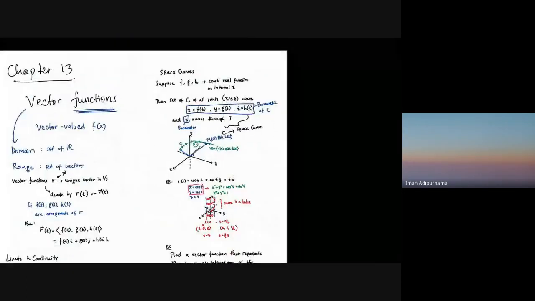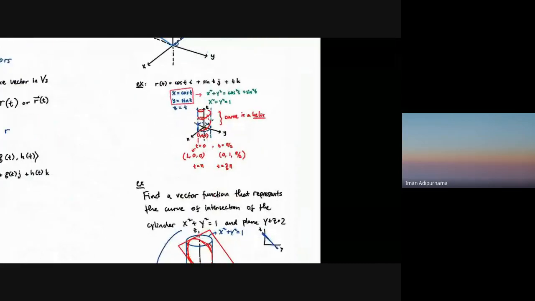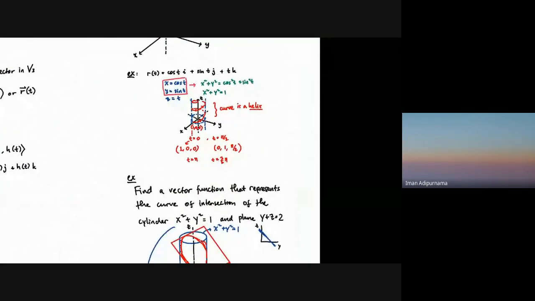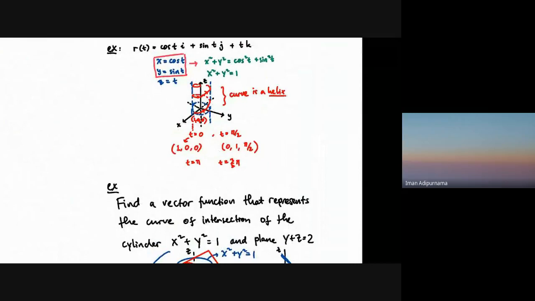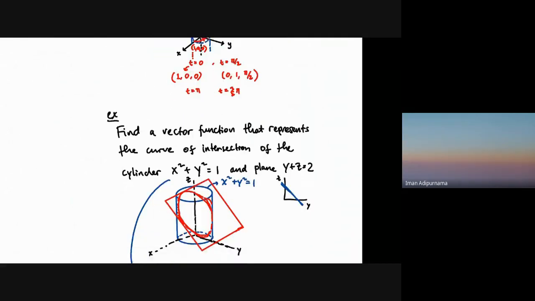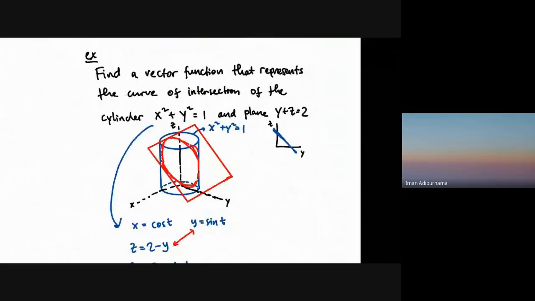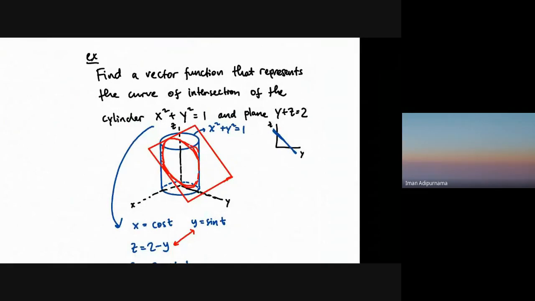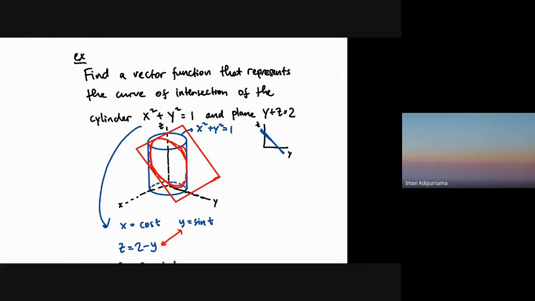And also some examples for how to write and to sketch the vector functions. There are a lot of examples to observe because the space curve is different from the two dimensional object, right?